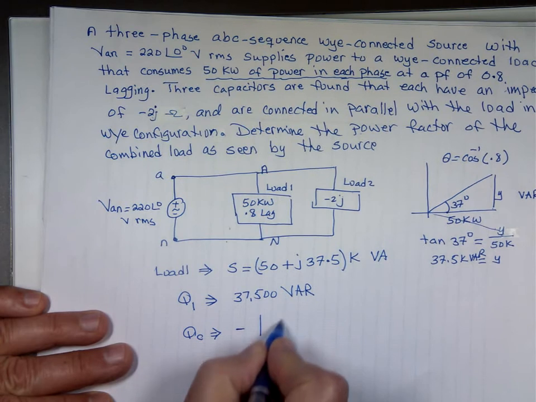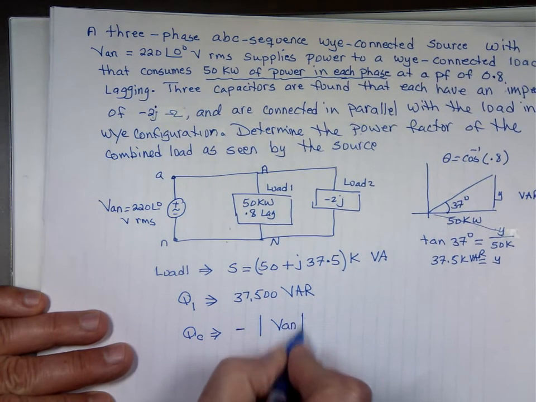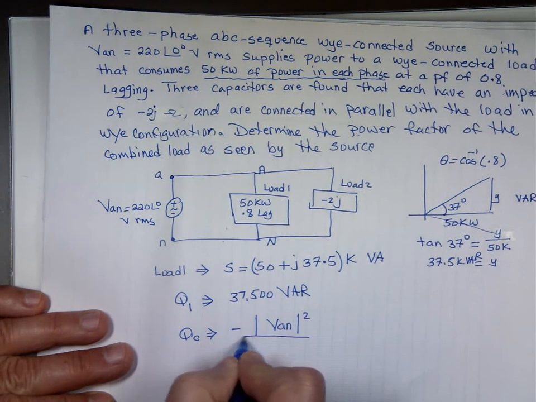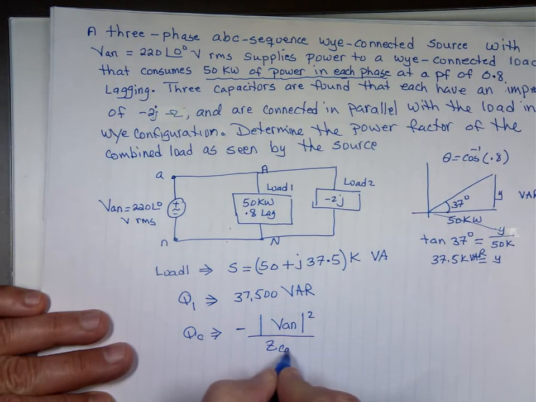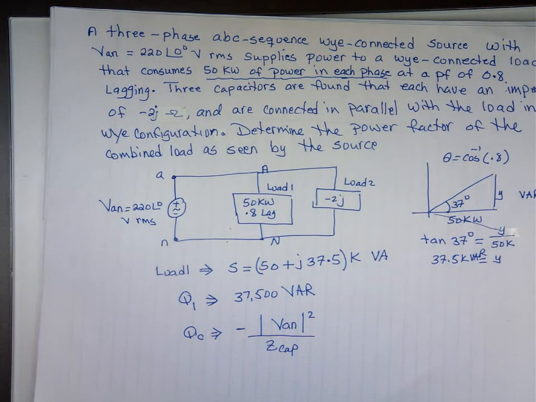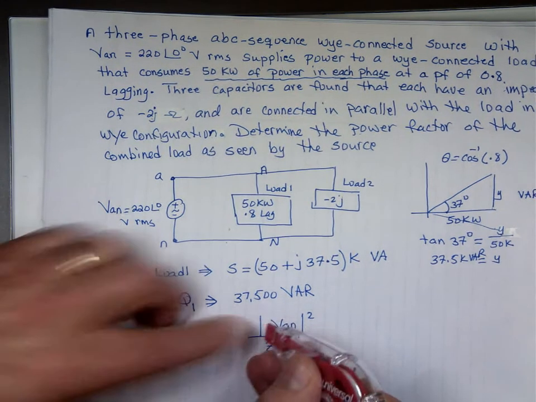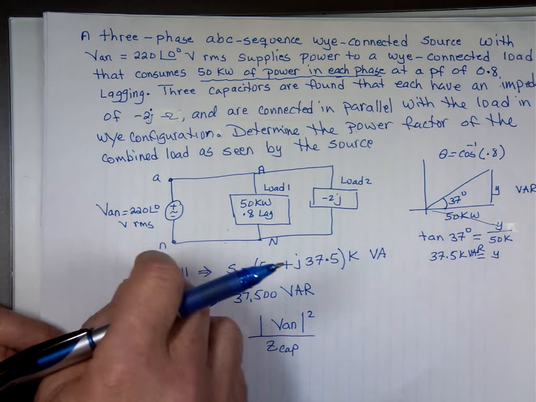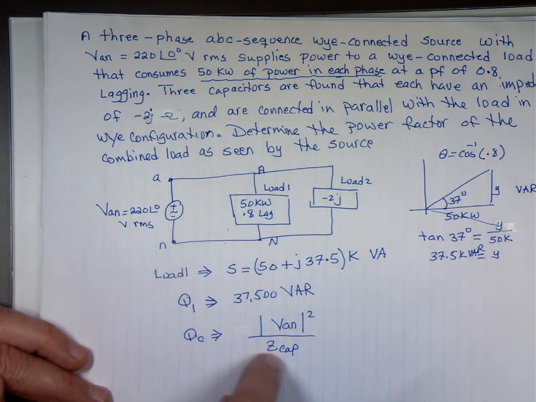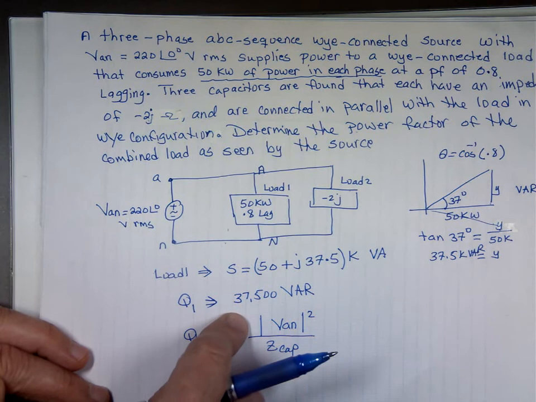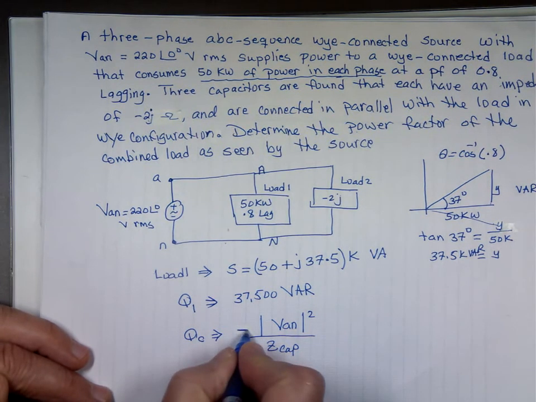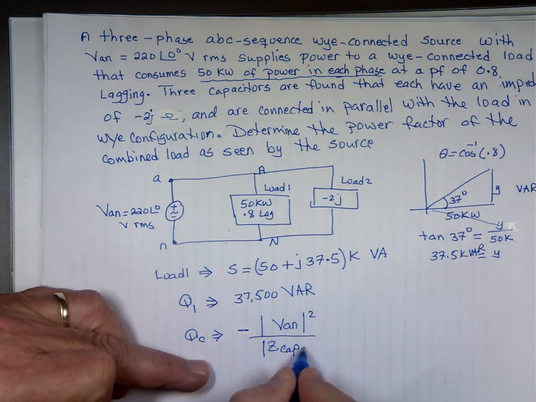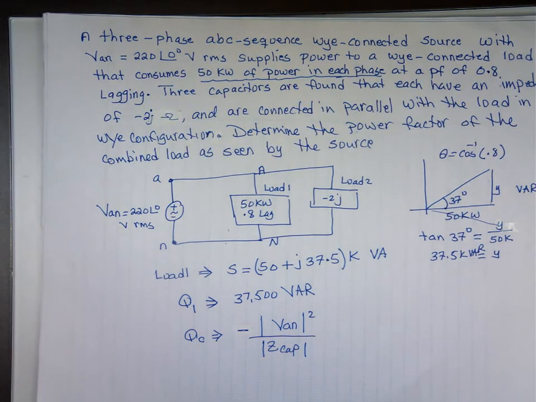You take the magnitude of the voltage, square it, and divide it by Z for the capacitor. If you just put the Z with the minus J, it doesn't work, because when you have a negative J on the bottom, it becomes a plus J. So really you need the minus 1 here and the magnitude, because this value has to be negative.